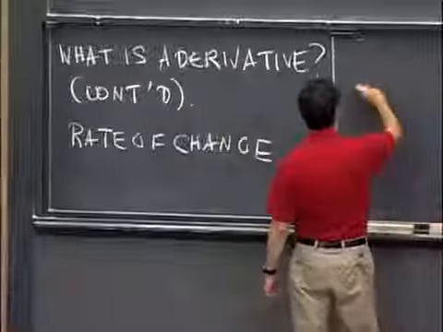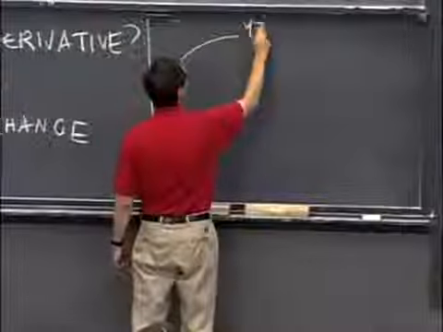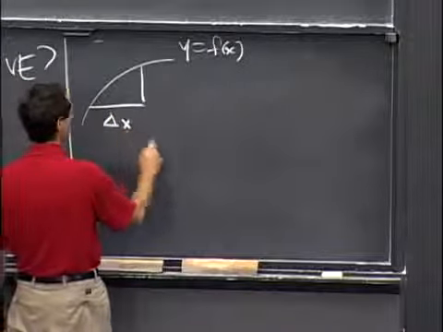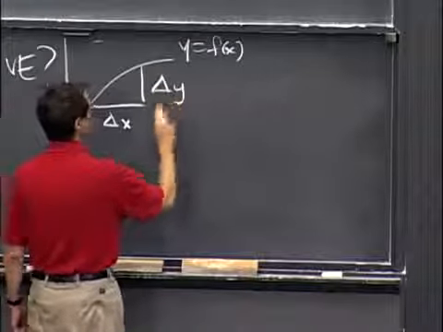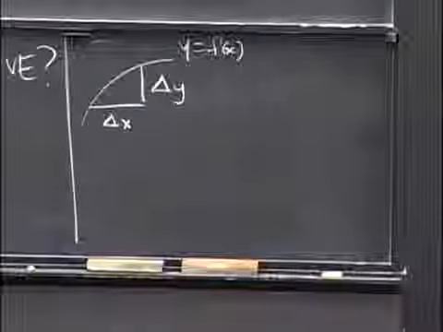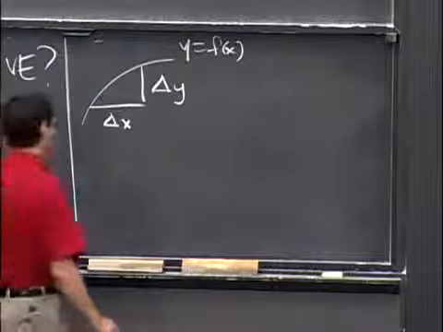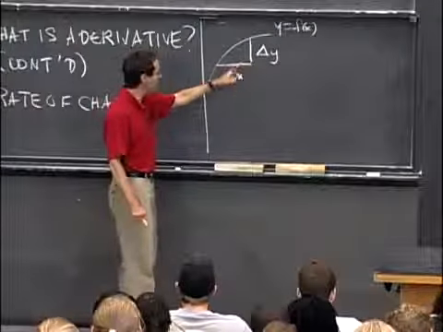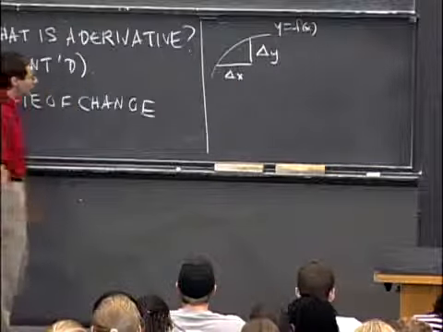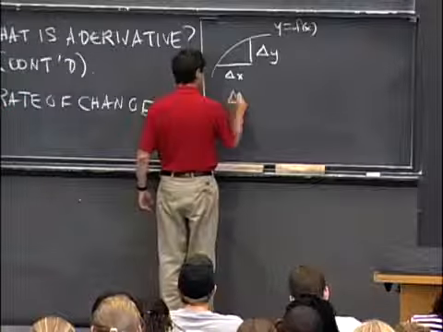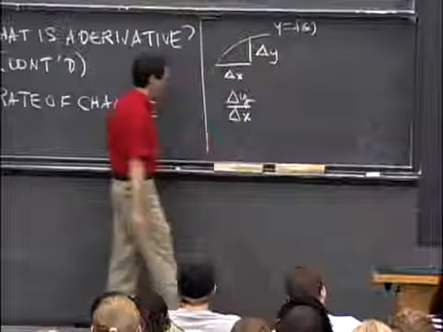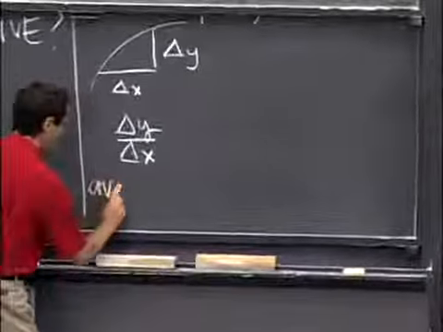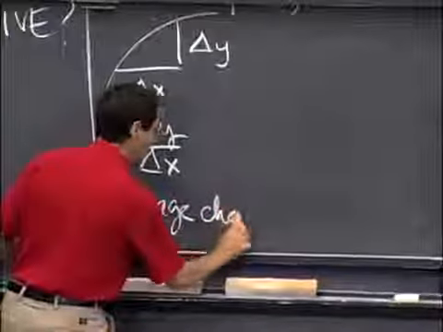So remember, we drew graphs of functions, y equals f of x, and we kept track of the change in x, and here the change in y, let's say. And then, from this new point of view, keeping track of the rate of change of x and the rate of change of y, it's the relative rate of change we're interested in, and that's delta y over delta x. And that has another interpretation. This is the average change.